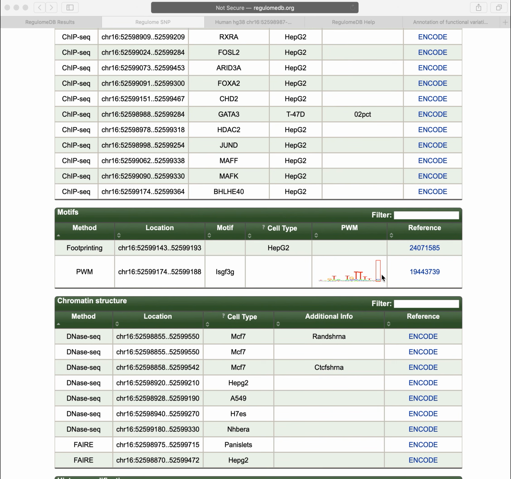The red box represents the position of the SNP in the detected motif. We can thus infer from this that alteration at this SNP in the red box probably does not affect much on this motif.